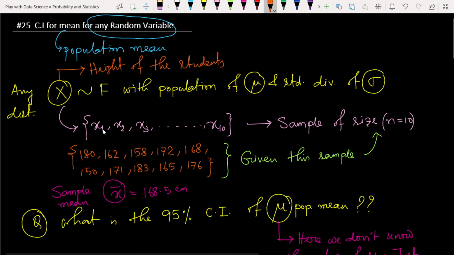The first thing we have to remember is that for any random variable, we don't have any idea of our population. We only want to find its confidence intervals.